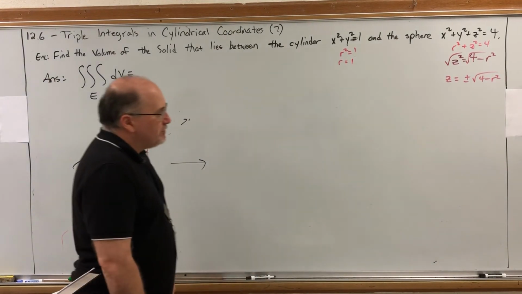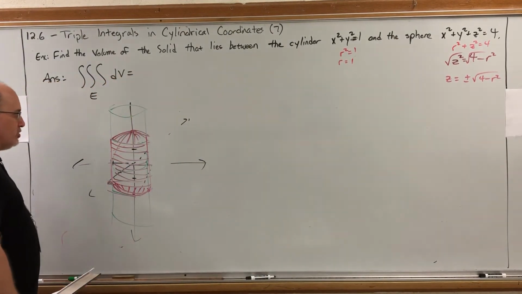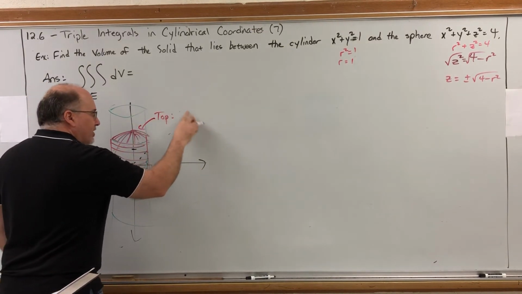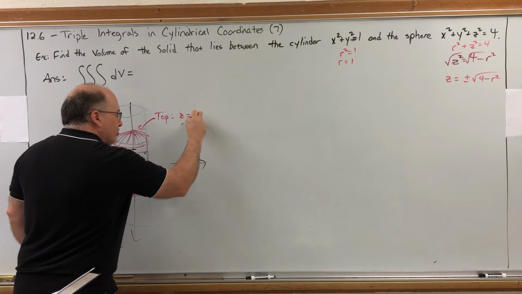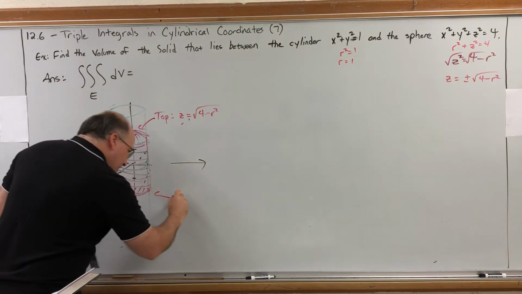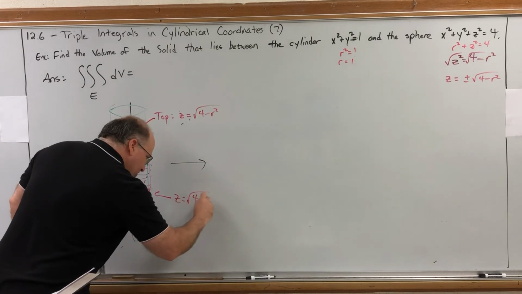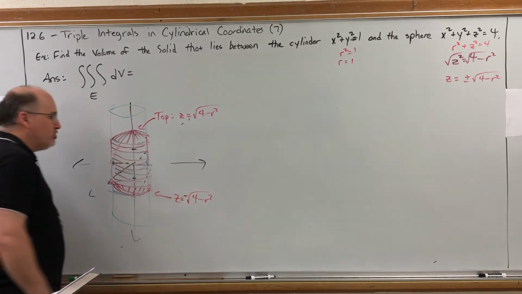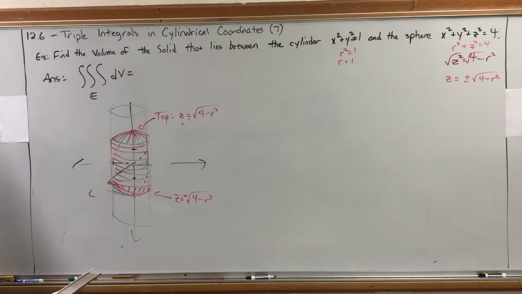So because z equals plus minus the square root of 4 minus r squared, we can safely say that the top of this solid is the equation z equals the square root of 4 minus r squared. And we say that the bottom is, excuse me, z equals negative square root of 4 minus r squared.